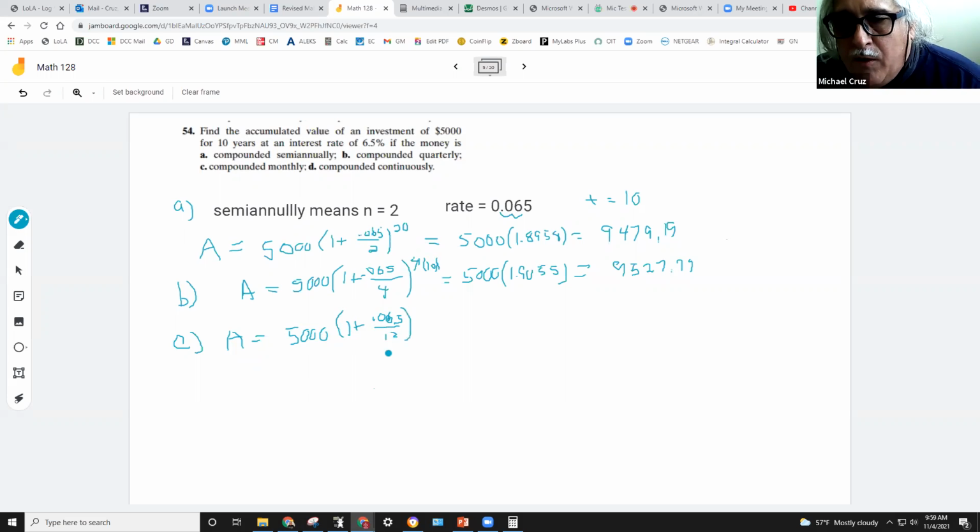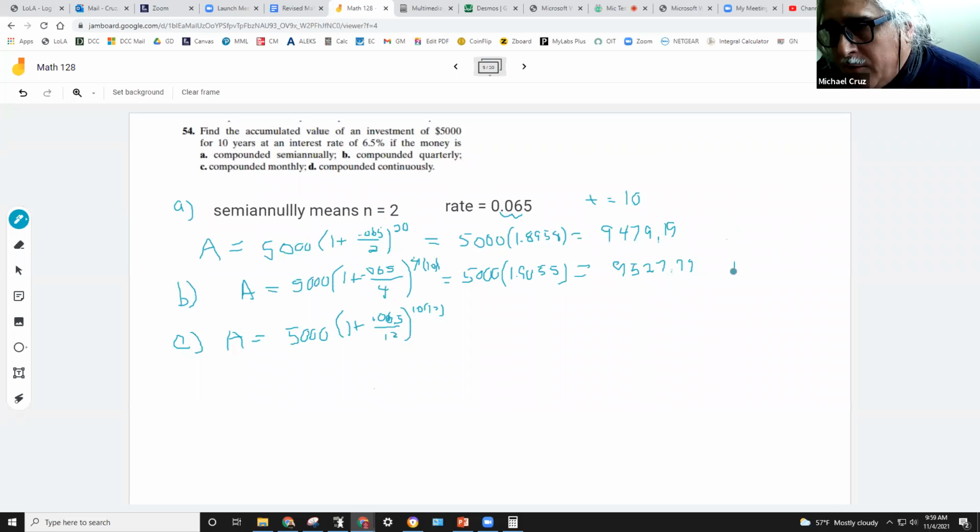All right, now it's 12, and then it's 10 times 12 now, because remember, the t is 10. Oh, and the n is changing.